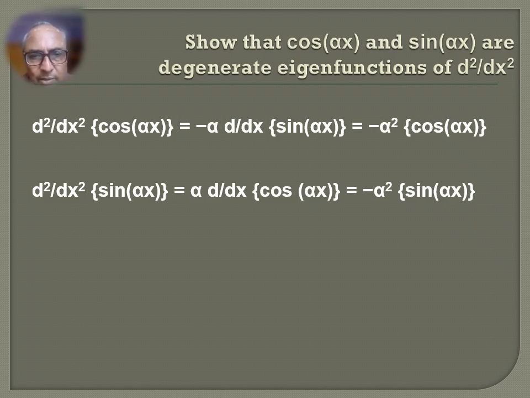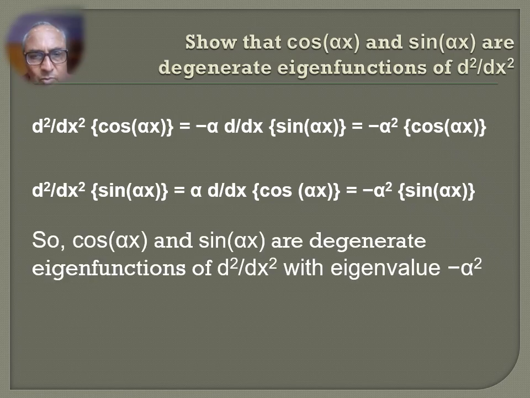Therefore, cos alpha x and sin alpha x have the same eigenvalue minus alpha squared with the operator d squared by dx squared. In other words, cos alpha x and sin alpha x are degenerate eigenfunctions of the operator d squared by dx squared with the eigenvalue minus alpha squared.